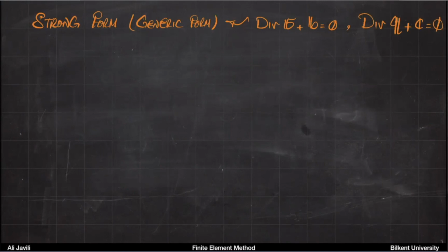Okay. And all you have to do now is to write these, and I'm going to spell this out for a mechanical problem and for a thermal problem for you.